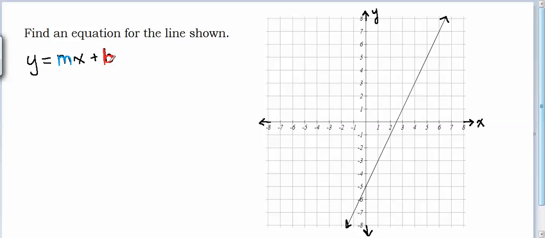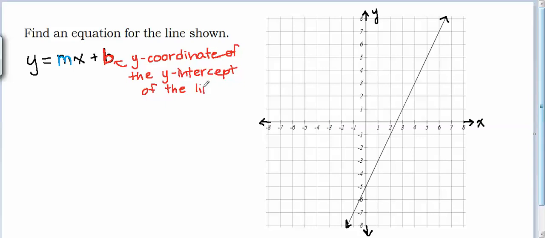The b in this equation tells us the y-coordinate of the y-intercept of the line.